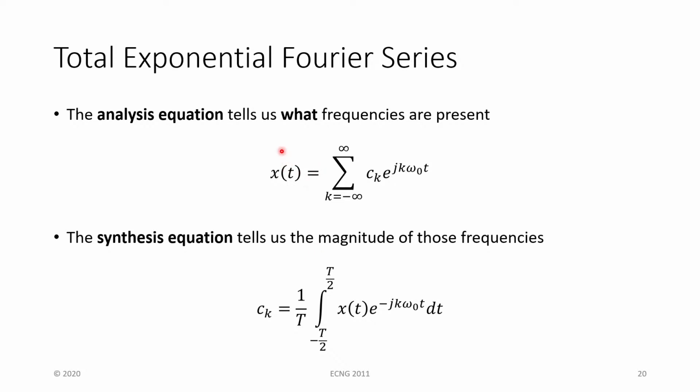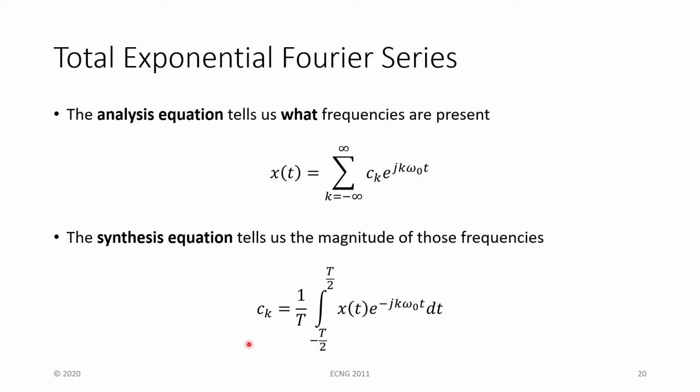So our complex exponential form, our analysis equation, tells us what frequencies are present, because we'll be watching this with respect to omega naught and its multiples. But the synthesis equation, solving for c_k, tells us the amplitude or magnitudes of those frequencies. That's why this c_k equation is more important than the analysis equation, because the amplitudes at those frequencies are typically what is asked in questions.